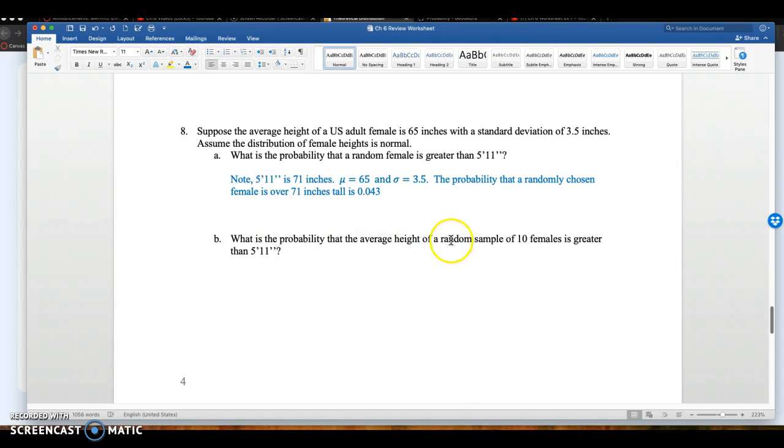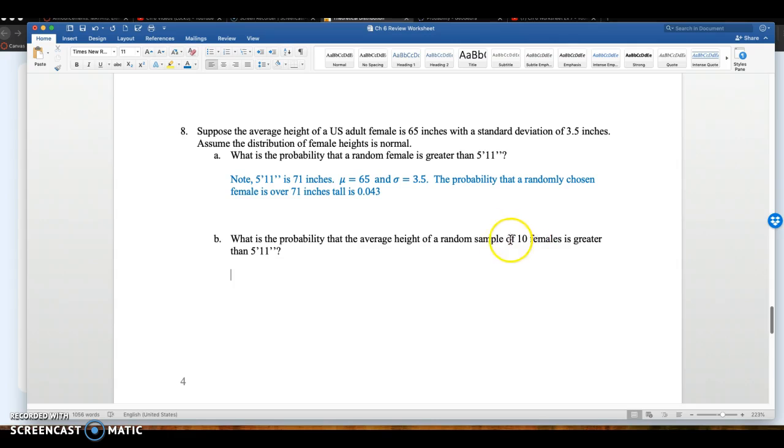All right, what's the probability that the average height of a random sample of n equals 10 is greater than 5 foot 11? It seems like I'm asking the exact same thing. I'm not trying to be tricky. The answer is not just 0.043. If you think about this, the probability of getting a female who's 5'11" is fairly low, less than 5%, but it definitely happens.